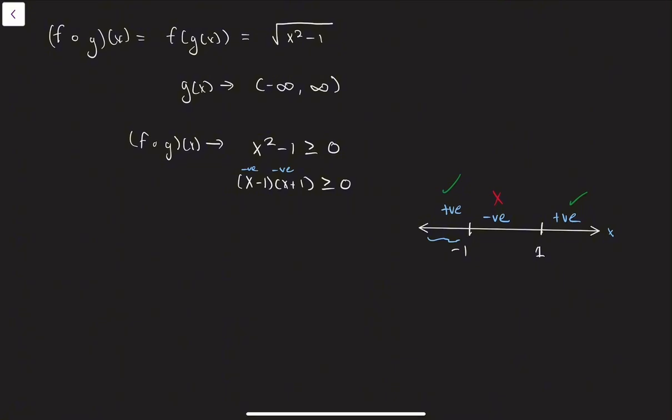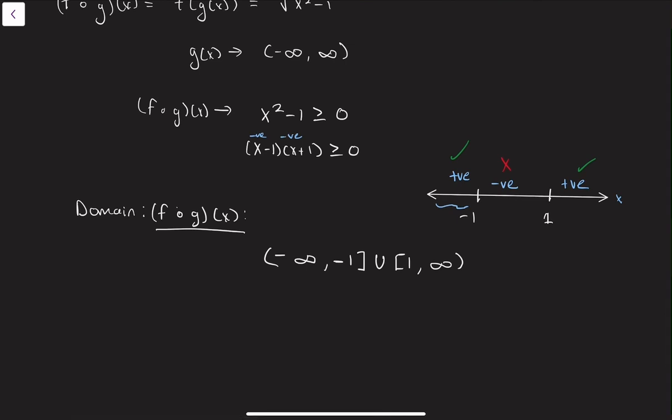So the domain for f of g of x would be negative infinity to negative 1, including the endpoints, union 1 to infinity, and that would be our solution.